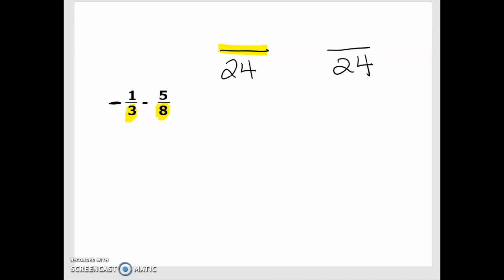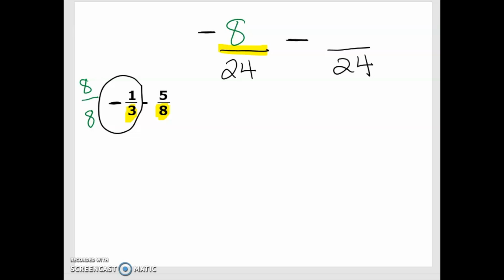And again, I want to remember that this 1/3 is negative, so I'm going to put the negative up there right away. And I'm going to put my subtraction sign in there right away. So I know that 3 times 8 gets me to 24, so I also need to multiply 1 times 8. So I've got negative 8/24.